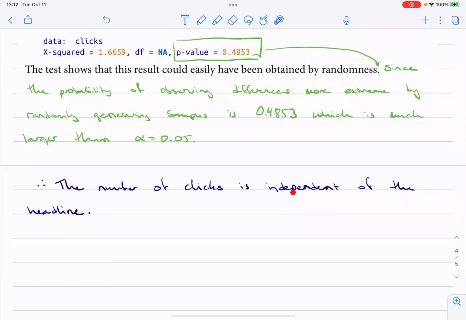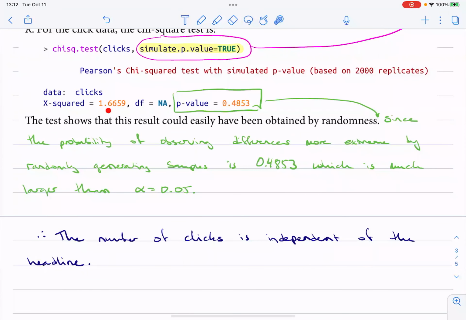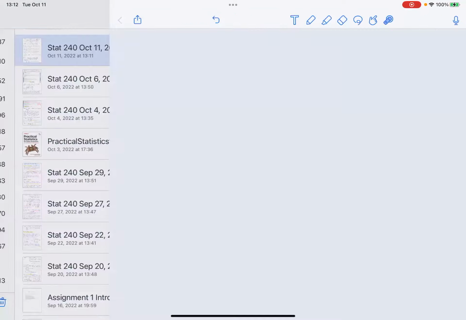And so now we've done this test of independence. Okay. It still calculates the chi-squared test statistic, right? But it's the same, sorry. But the degrees of freedom are not applicable, right? Because we didn't use the chi-squared test statistic.